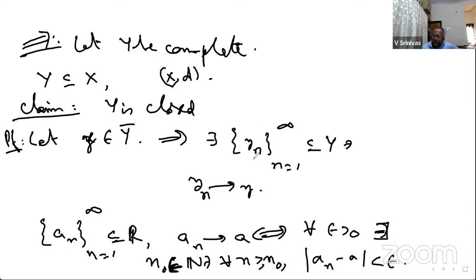You replace the absolute value metric by the D metric involved here. That D of yn comma y has to be less than epsilon for sufficiently large n.